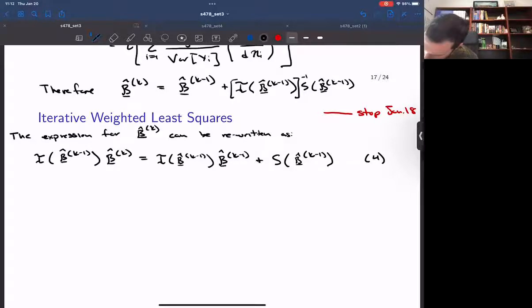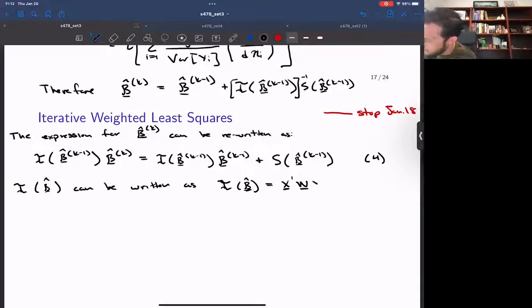So I of beta can be written as X transpose W X, right?